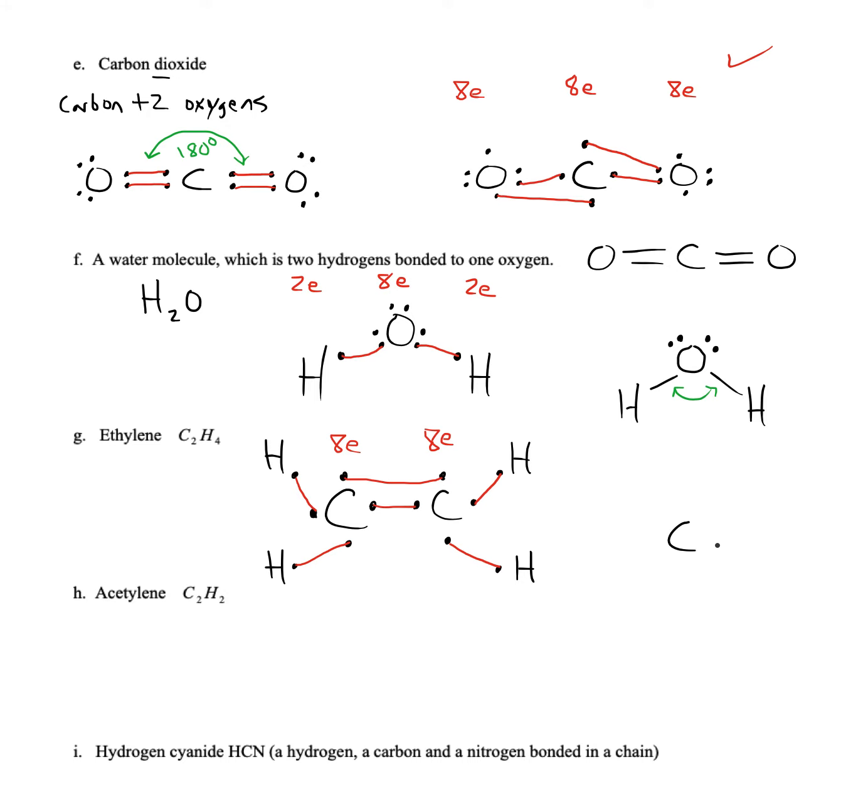So if we draw them in a little bit nicer form, ethylene can often be drawn like this. A double bond between the carbons and just single bonds to the hydrogens. No lone pairs.